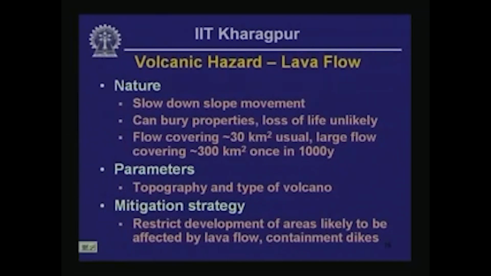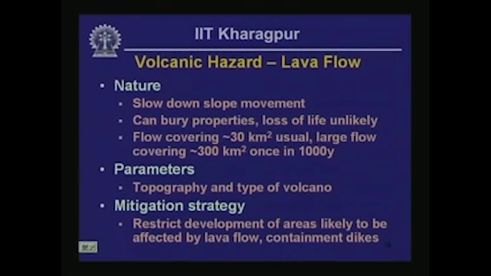Loss of life is generally unlikely because of the slow moving nature of the lava. Typically, flow covers a few tens of kilometers, and large flows covering areas as large as a few hundred kilometers are also likely, with a return period of about 1000 years.